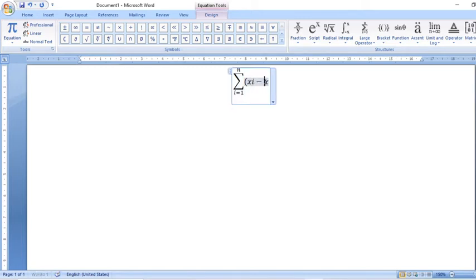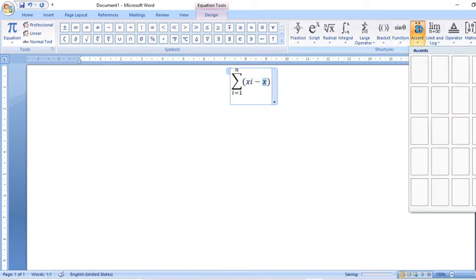So deviation from arithmetic mean means xi minus x bar.